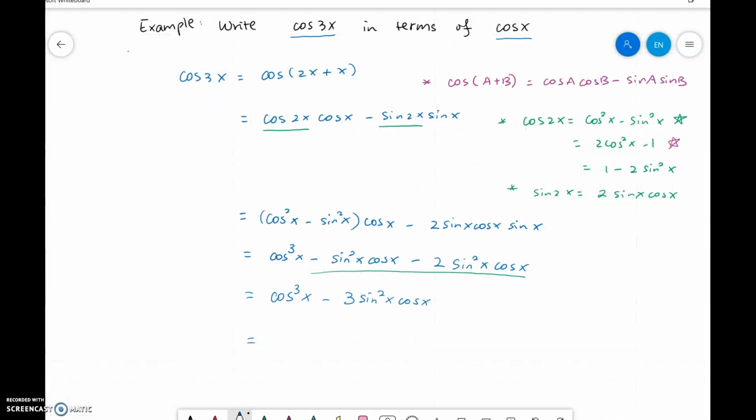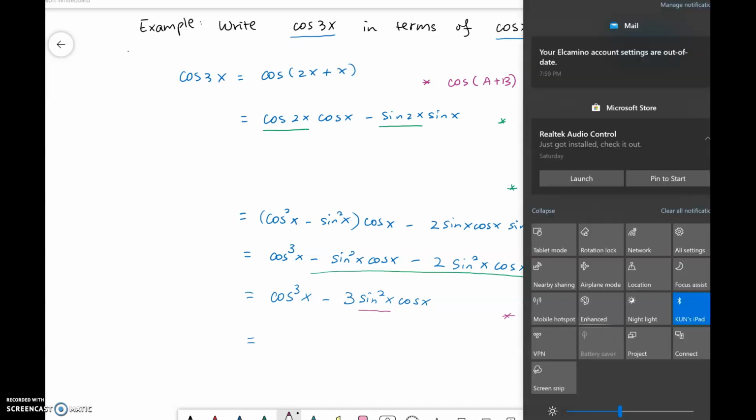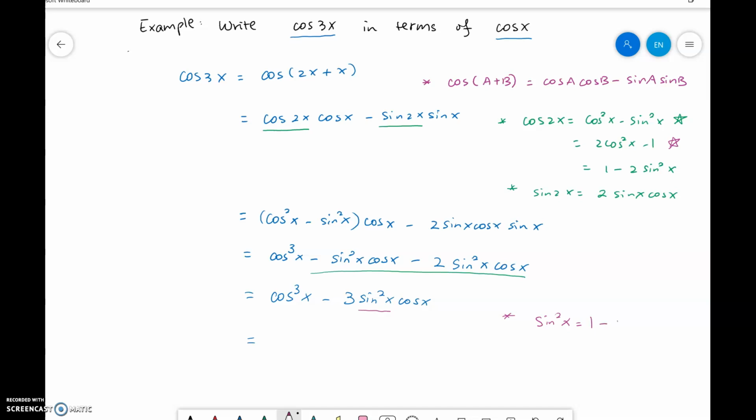So what I see here is everything is good except the sine squared x. That means I need to change the sine squared x in terms of cosine using the Pythagorean identity, which is 1 minus cosine squared of x.